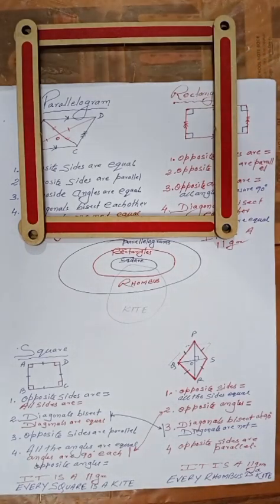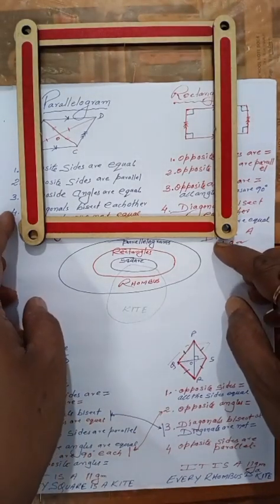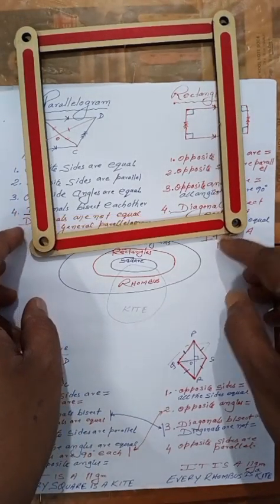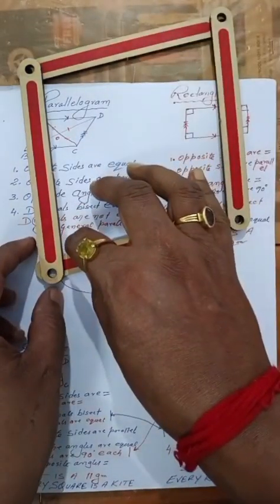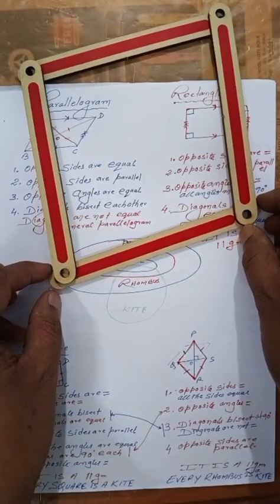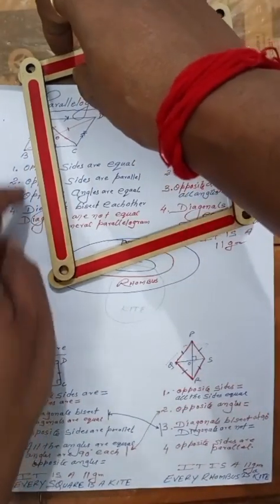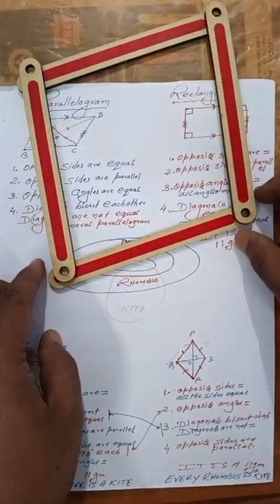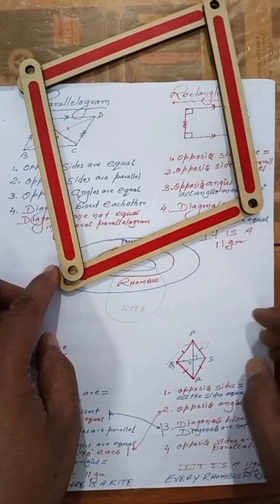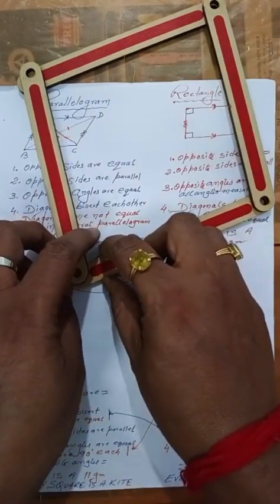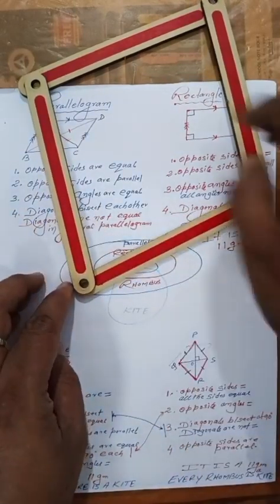We will try to make a rhombus from this. Let's see whether we'll be able to do it or not, but I'm trying. With the same thing I'm just doing it, so it is a rhombus. I'm just trying to make you understand. Now it is a rhombus. Clear? It is like this.